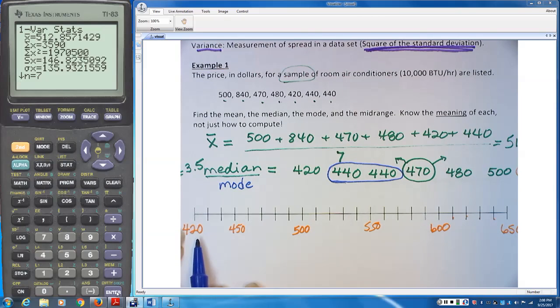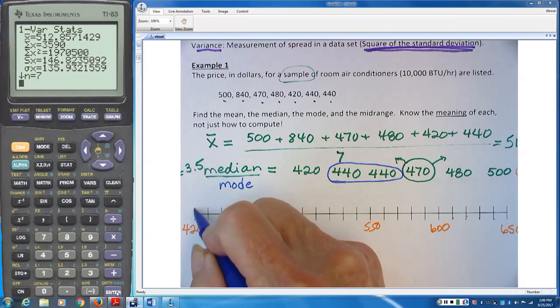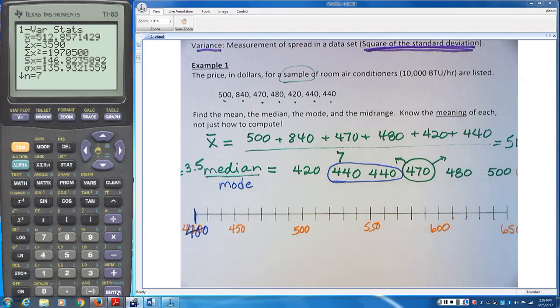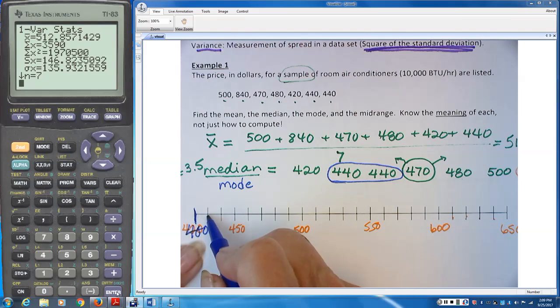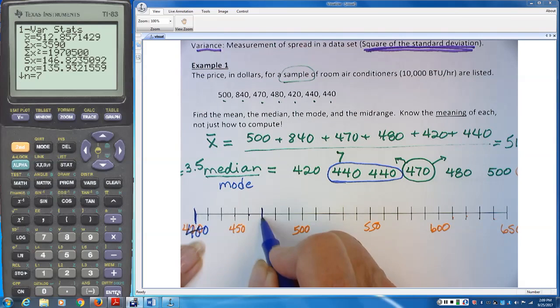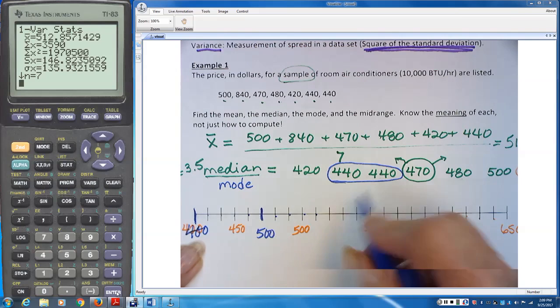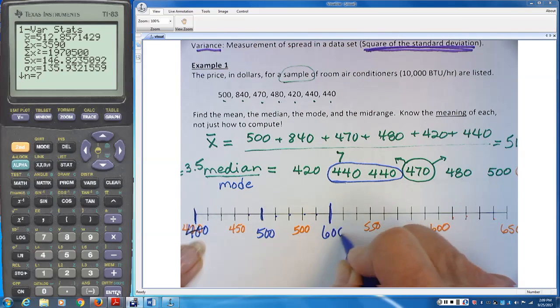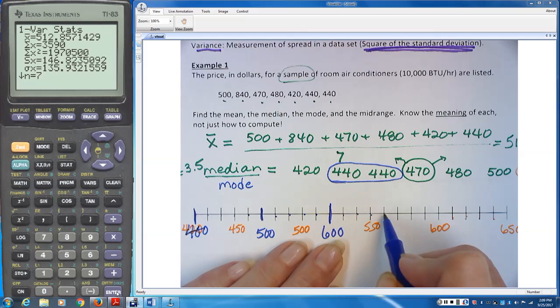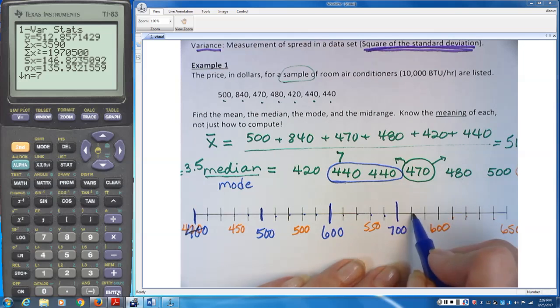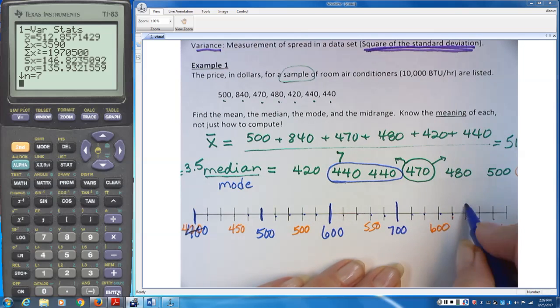We need to get 420 in, but we also need to get 840 in. So I'm going to let this be 400, 20, 40, 60, 80, 500, 20, 40, 60, 80, 600, 20, 40, 60, 80, 700, 20, 40, 60, 80, 800, 20, 40, 60.